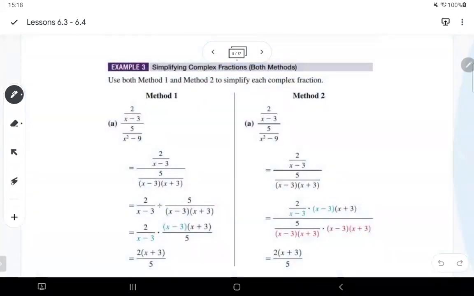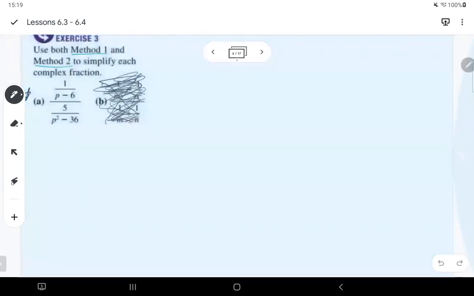All right, what you can see here is that they're showing you method 1 and method 2 with the same exact problem. So you can see a side-by-side comparison, but these lead to the same answers, even though they are different processes. For this one, we have to use both methods for each problem.